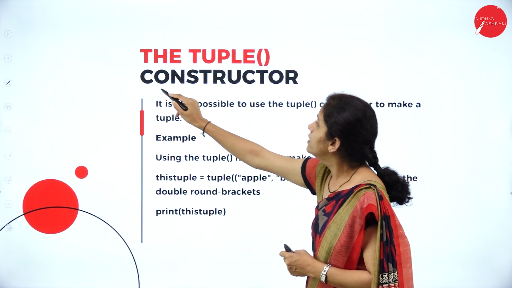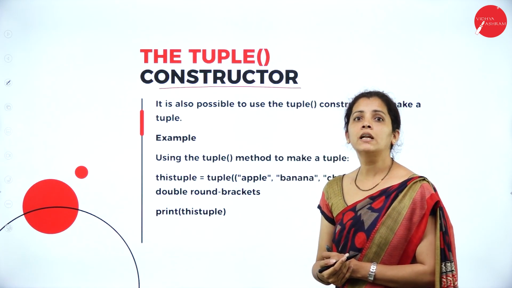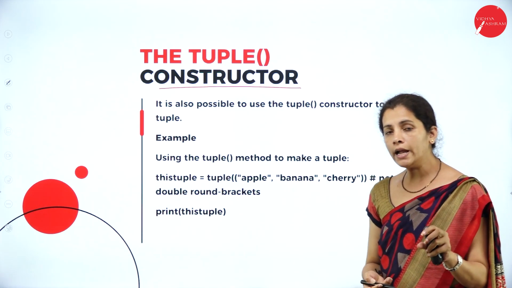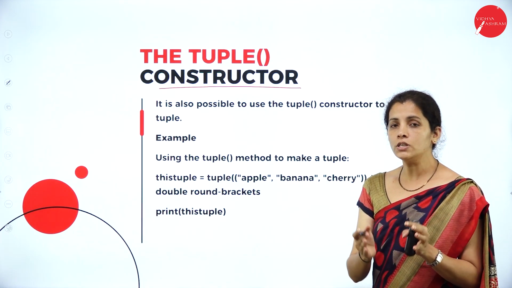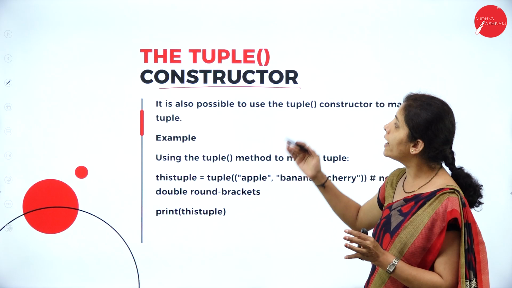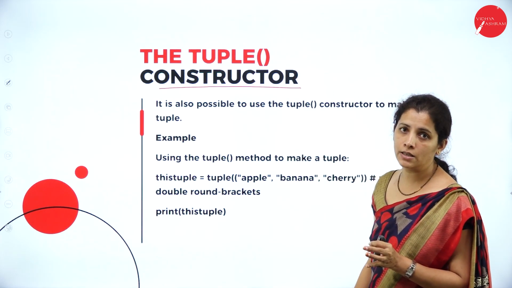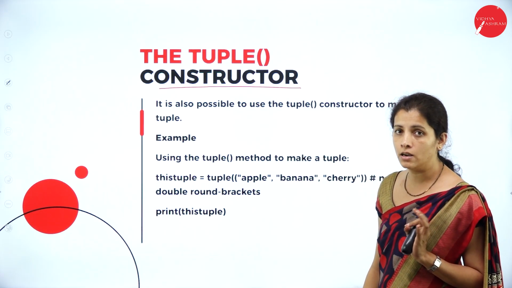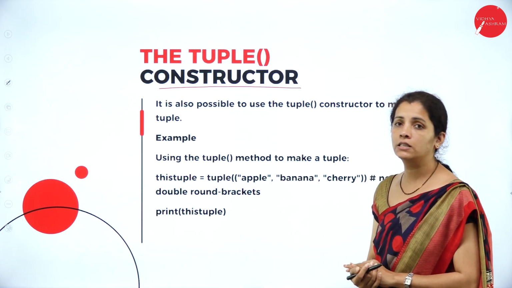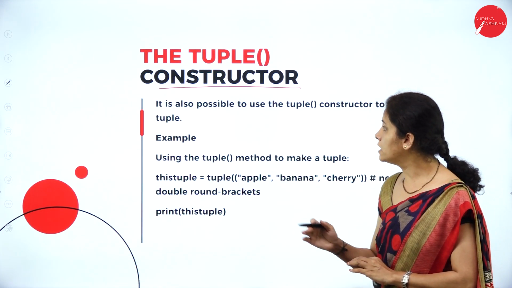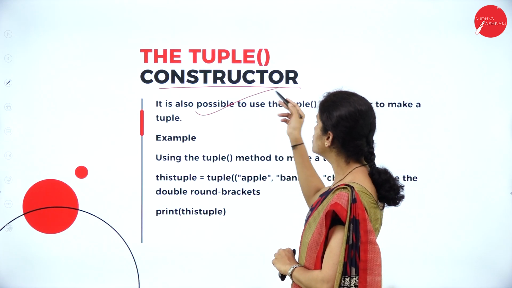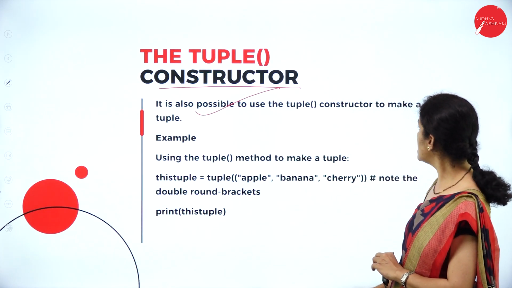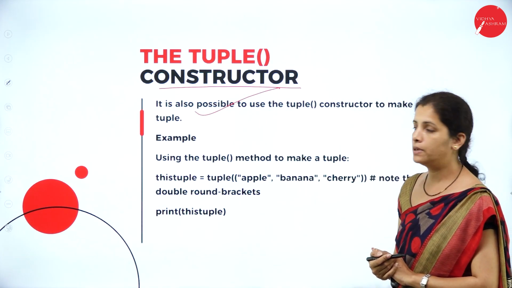Now, I can also have a tuple constructor. To create a tuple, I can use the normal method or I can use a special method called the tuple constructor. So it is also possible to use the tuple constructor to create a tuple.